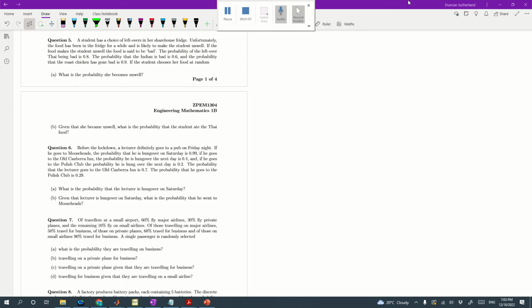So we've got conditional probabilities that the student becomes unwell if they choose Thai. So, unwell given Thai is 0.8.